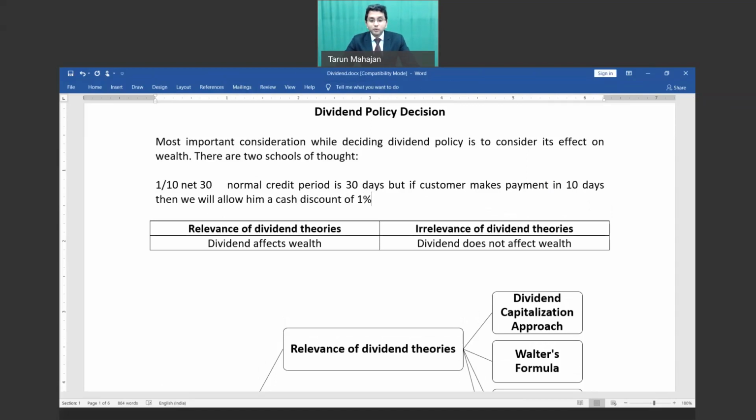So that is how you interpret this 1/10 net 30 thing. Okay. Example of factoring, if time permits, definitely I'll try to take it. Chances are less, still I'll try.